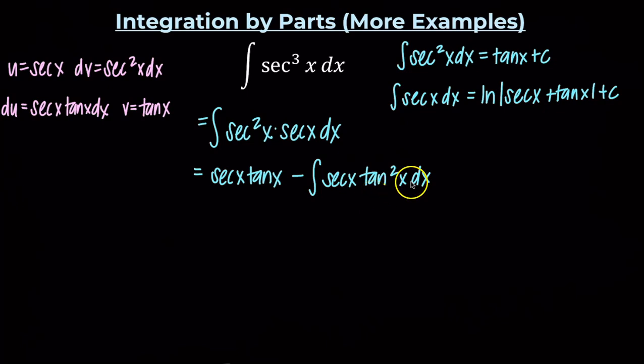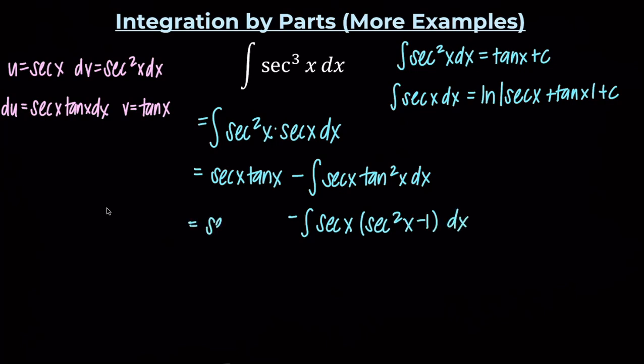All right, so from here, how am I going to integrate what's left over? We can't actually do a u substitution. It's not really going to work. If I let u be tangent, the derivative is secant squared. I don't have that. If I let u be secant, the derivative is secant tangent. I'll have an extra tangent. So what we're going to do is use a Pythagorean identity on this. We're going to rewrite tangent squared x as secant squared x minus 1 dx.